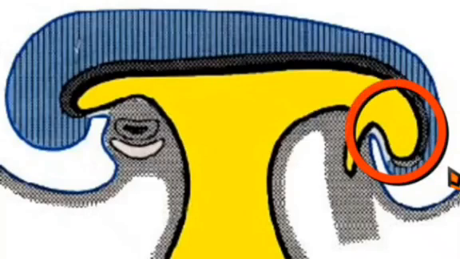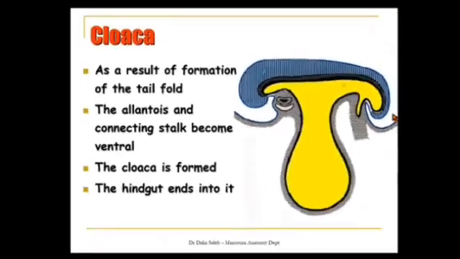And now, caudal to these structures, the cloaca is formed. And the hind gut, or the part of the yolk sac that is trapped inside the caudal end of the embryo, will end into this cloaca.